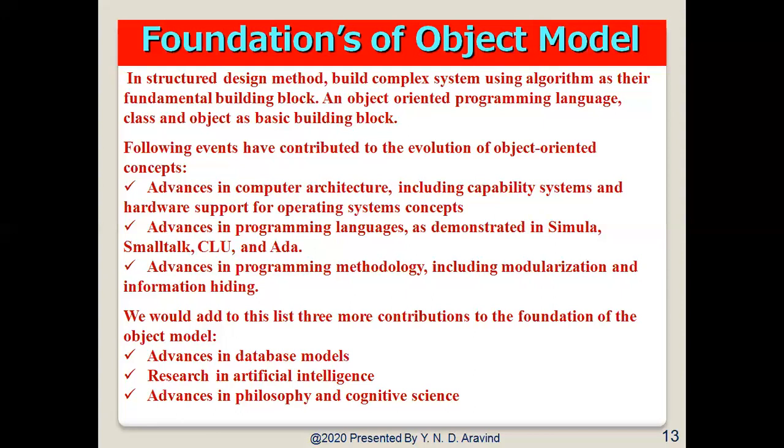Advances in programming methodologies, including modularization and information hiding. And we would add three more contributions to the foundation of the object model: advances in database models, research in artificial intelligence, and advances in philosophy and cognitive science.